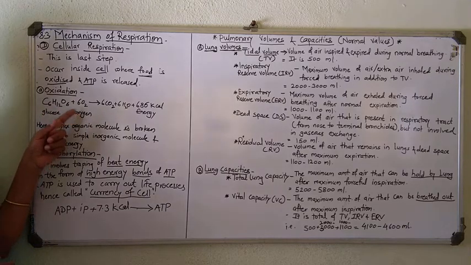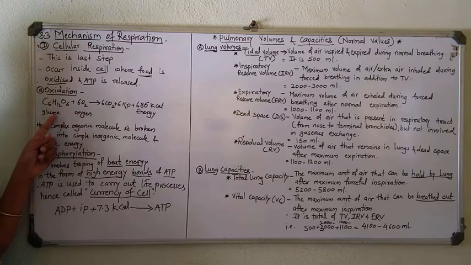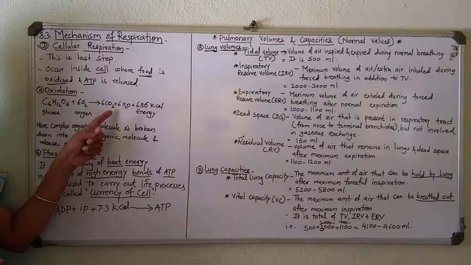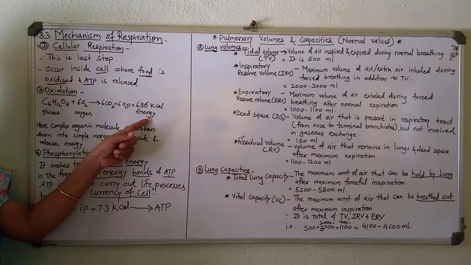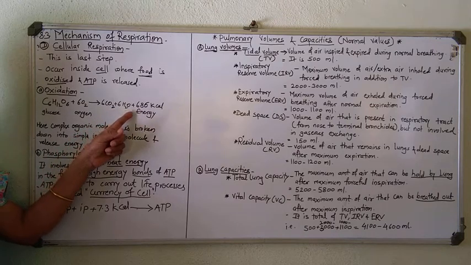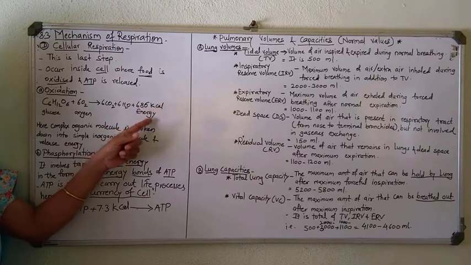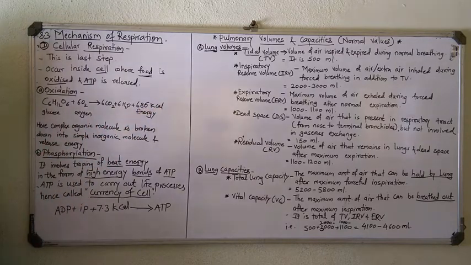Now the respiratory mechanism provides oxygen up to tissue level. In the presence of this oxygen, the glucose is oxidized and energy is released. The byproducts formed are carbon dioxide and water, and about 686 kilocalorie energy is released.